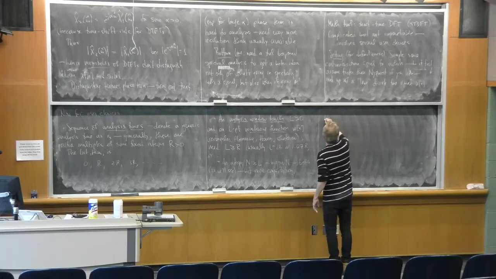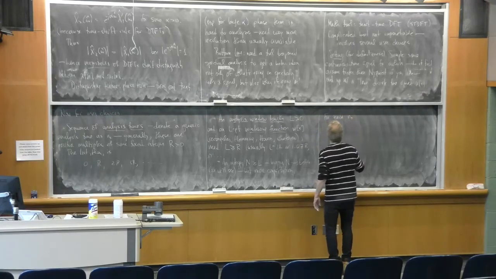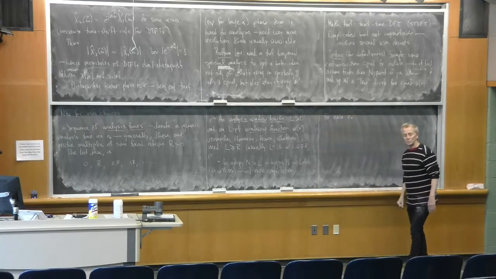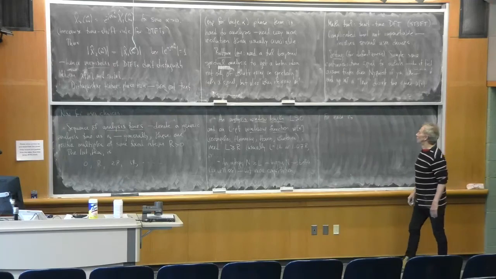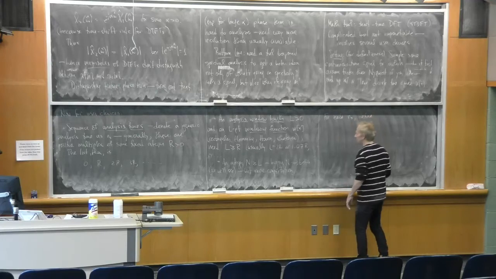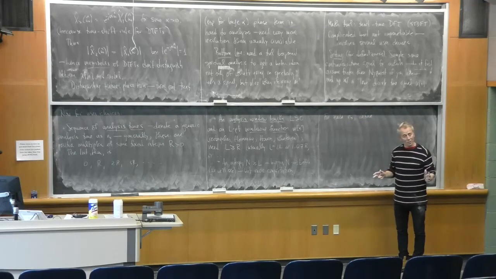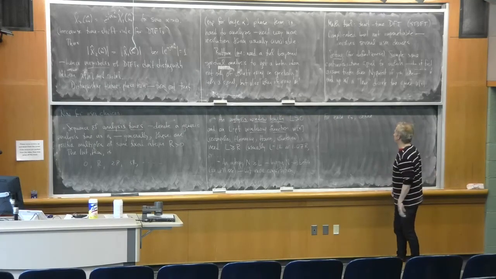So for each n_s, what are we going to do? I can never decide whether to describe what we're going to do and then write the equation, or write the equation and then describe what we're doing. So I've decided to write the equation and then describe what we're doing.